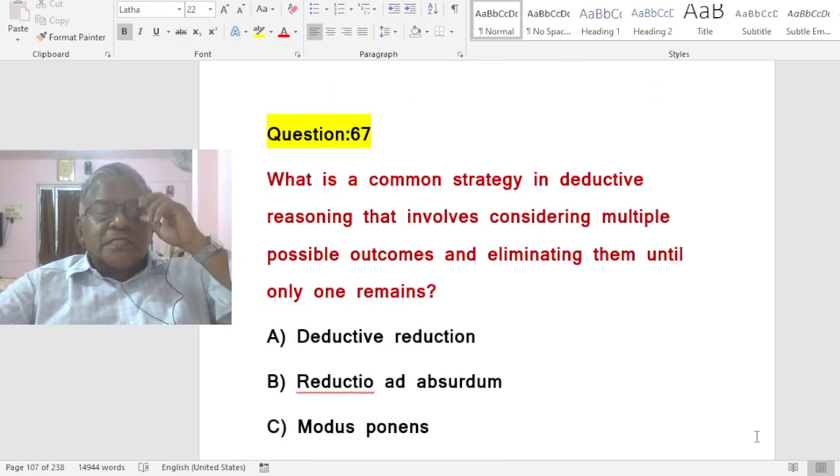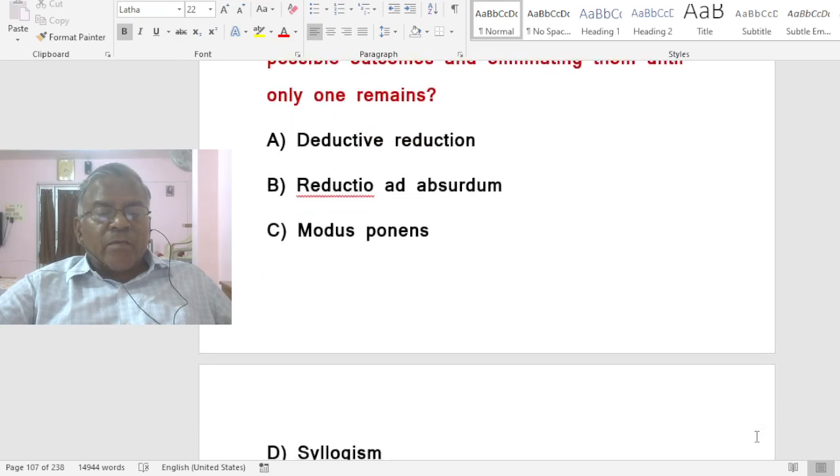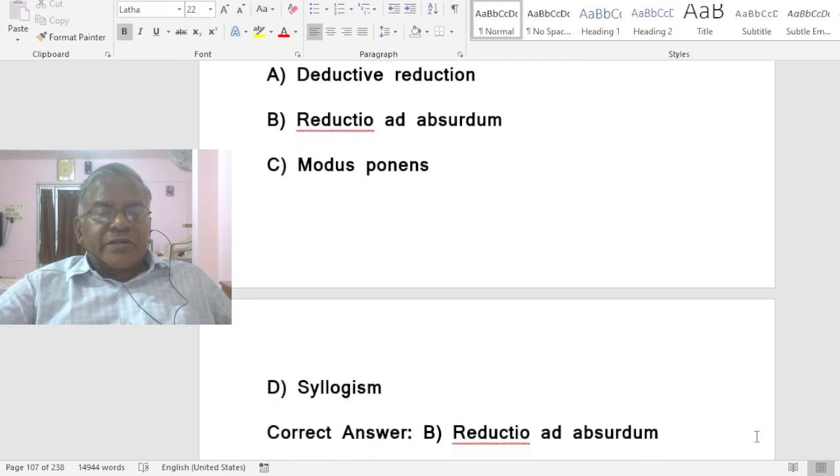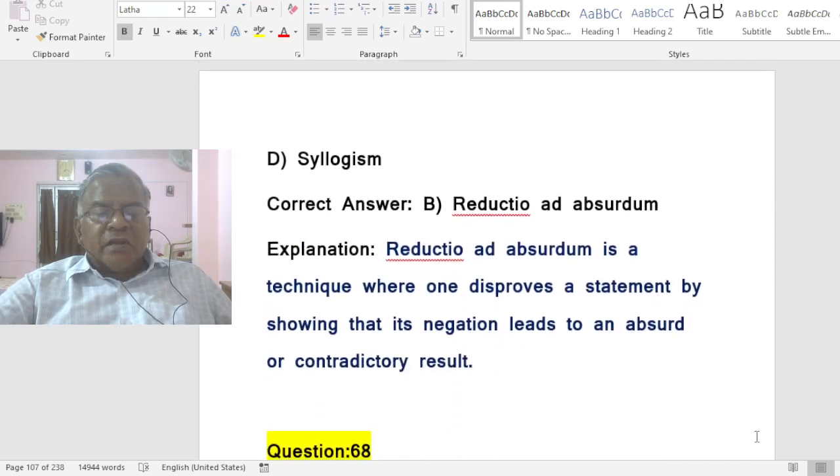What is a common strategy in deductive reasoning that involves considering multiple possible outcomes and eliminating them until only one remains? That is reductio ad absurdum. What does this mean?